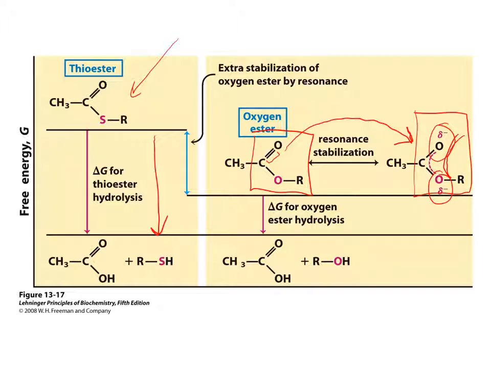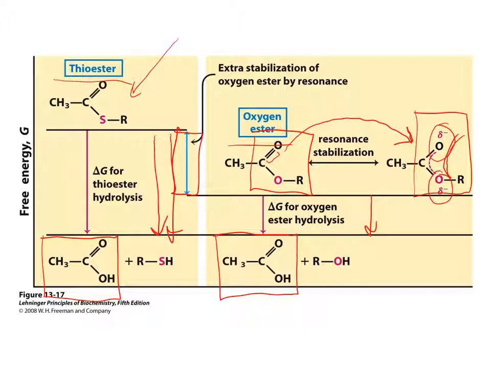Okay, so hydrolysis of thioester and oxygen ester, in both cases we generate carboxylic acid, the same product. Well, in this case, this carboxylic acid is an acetic acid, but the point is, between this transition versus this transition there is a net difference in delta G between these two hydrolysis reactions.